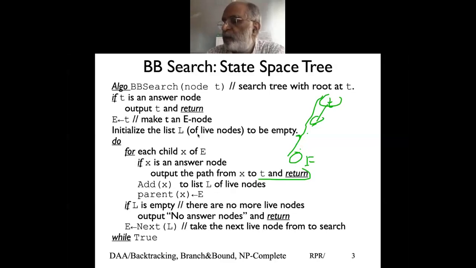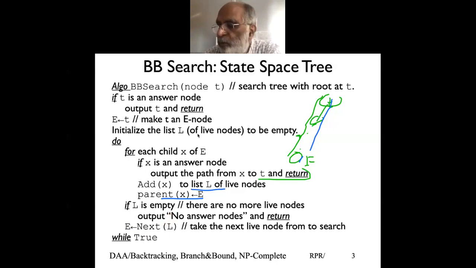If it is not a leaf node, then add it to the live list and set the parent. The parent will help me trace the path back to the root, and continue this loop. If my list becomes empty, that means there is no answer node, I cannot explore, and I'm done. And then pick the next node. So if this is over, then look at the next node in the live list because I keep building the list.